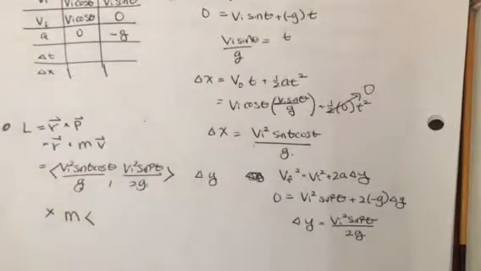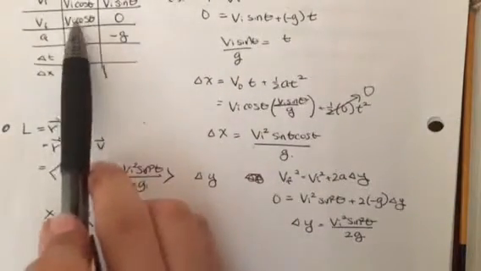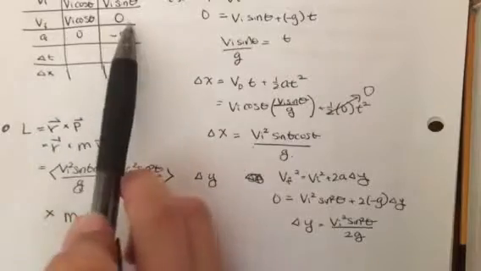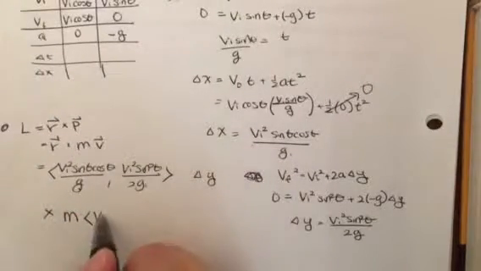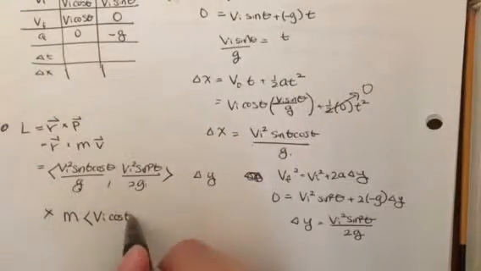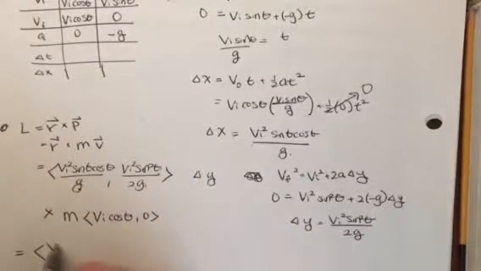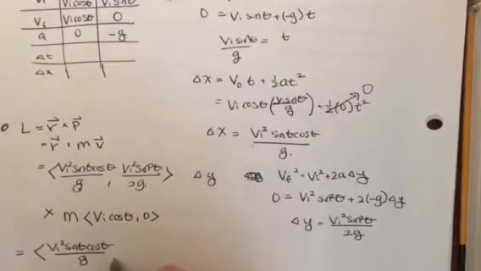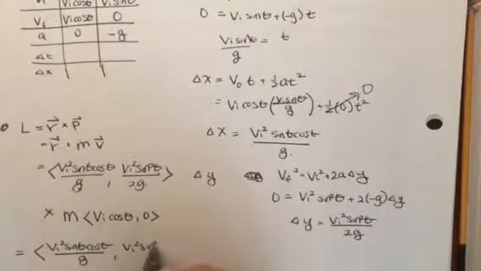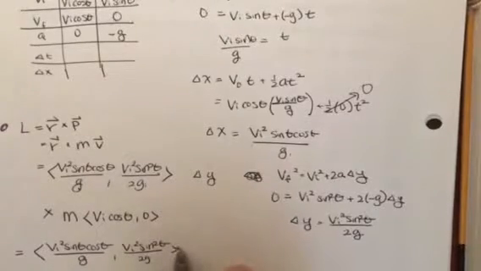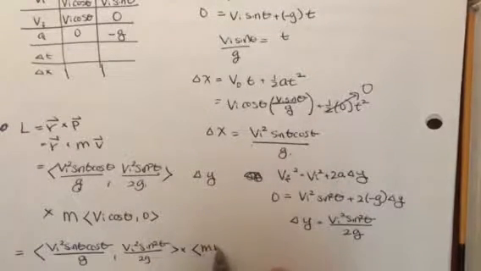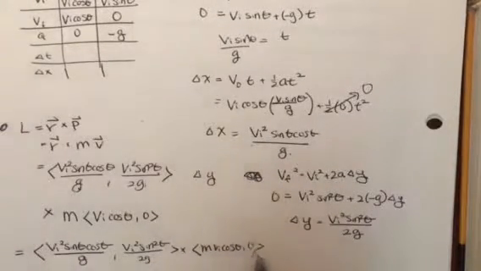Velocity there we know to be at the final point. Here, it's the i, the j. So vi cosine theta, comma 0. If you expand it a bit, it becomes like so.